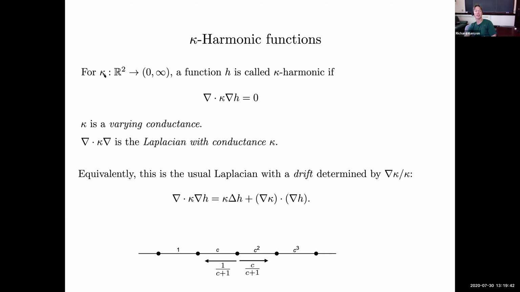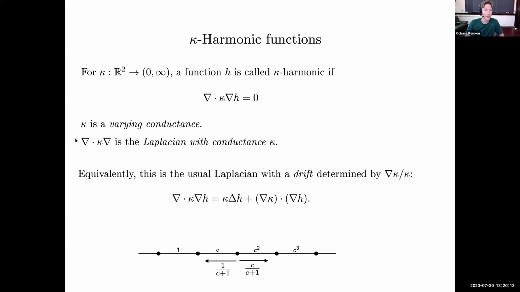So Kappa is a conductance. And in this setting, we're going to call a function h Kappa harmonic if it satisfies the following equation. You take h, your function, you look at its gradient. If it was harmonic, you would just take the gradient and then the divergence. But you're going to take the gradient, multiply by Kappa first, and then take the divergence of that. Alternatively, you can write d star Kappa dh equals 0.